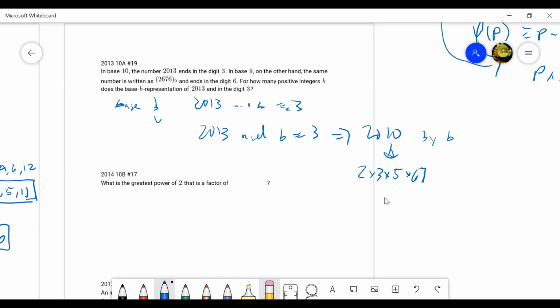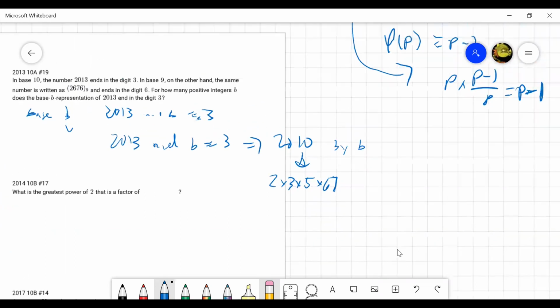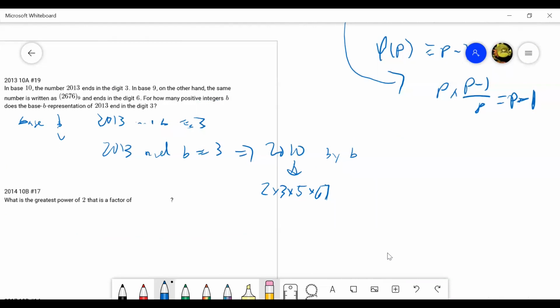And so that means that b has to be some factor of 2010, right? And I'm not sure if I talked about this before, but you can quickly find the number of factors of a number from its prime factorization. You do this by adding 1 to each of the exponents and multiplying. So the exponent of each of these prime factors is 1. So our total number of factors is just 2 times 2 times 2 times 2, or 16.